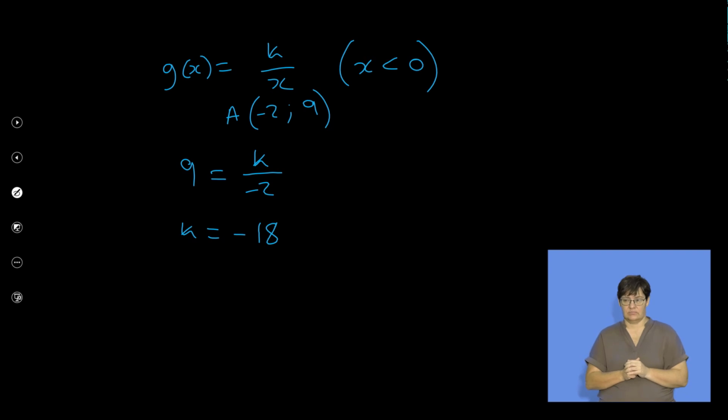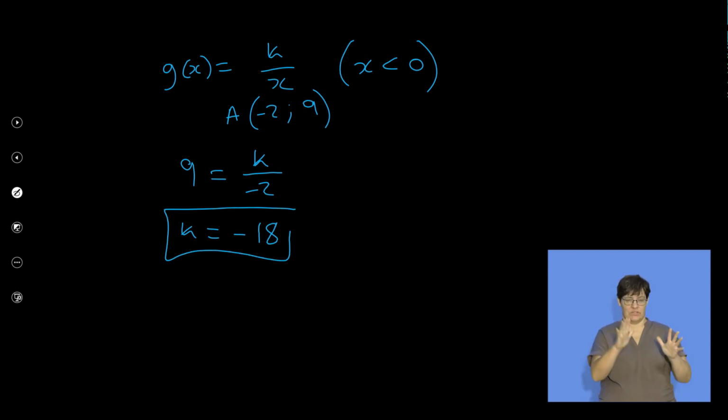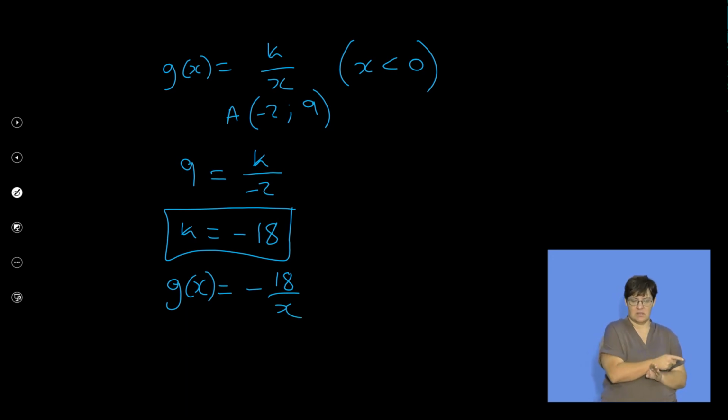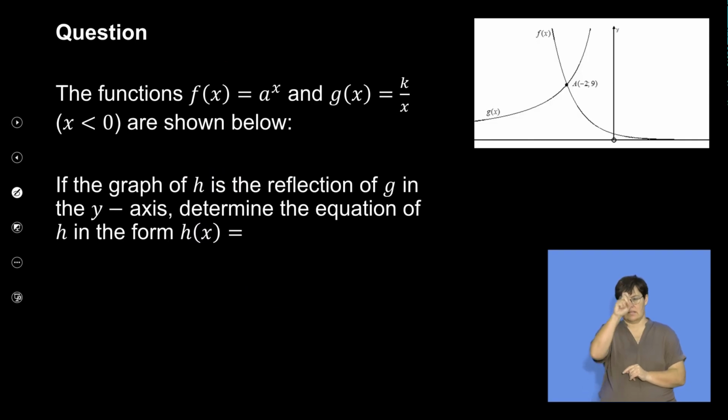You can always end it by writing the equations, where g of x is equal to minus 18 over x, and with the previous one, f of x is 1 over 3 to the exponent of x.